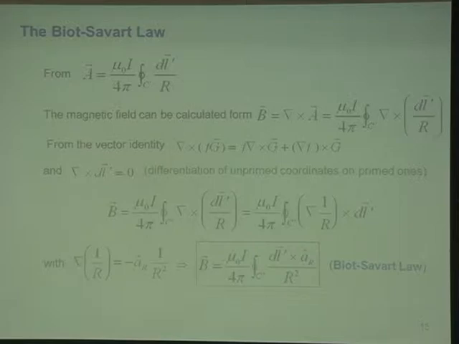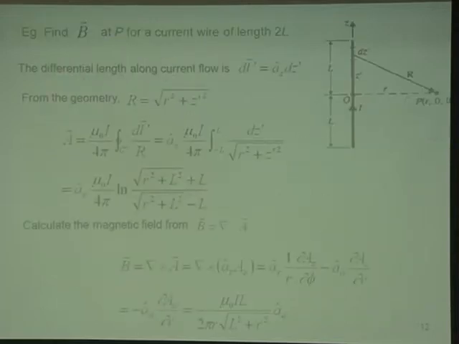OK, no problem. Here you need to work out the individual terms and do some vector cross products. And then you end up with the same expression as before, the same as the result you calculated here. Along phi direction, you have the magnetic field at this point.